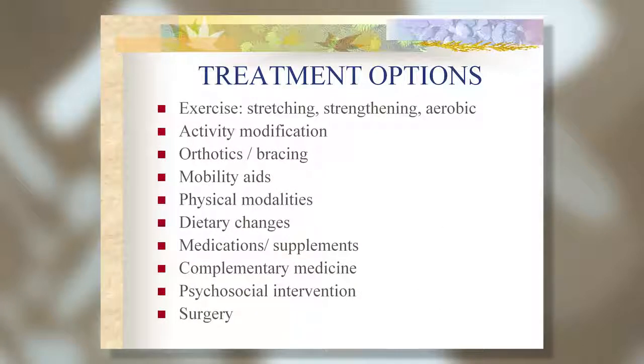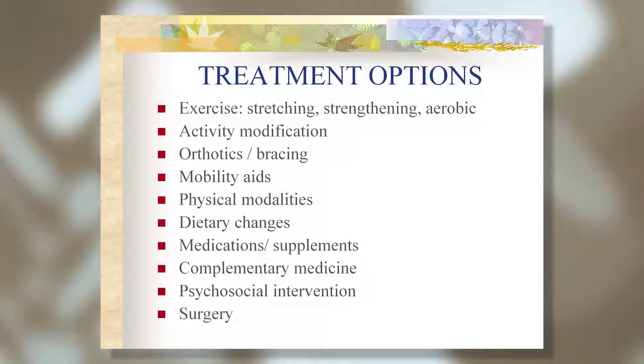The tools we use for treatment include exercise, that can include stretching, strengthening, aerobic conditioning. We use a lot of activity modification or pacing of activities. We may be using bracing options and mobility aids. In physical therapy, we might be using physical modalities to reduce pain and inflammation.